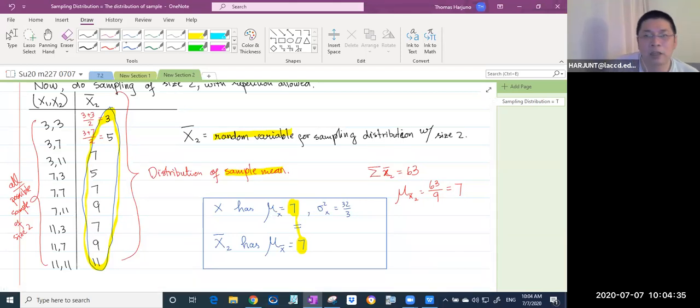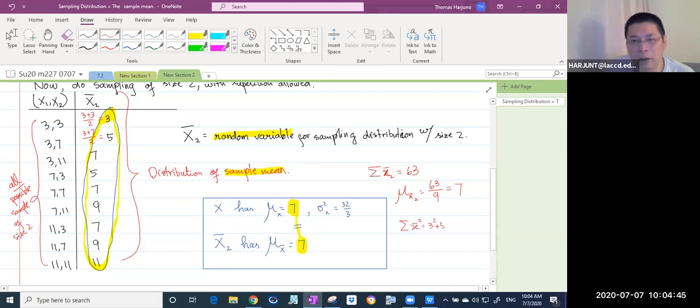The variance is where it gets nasty. The sum of sample mean squared: basically I do 3 squared plus 5 squared plus 7 squared plus 5 squared plus 7 squared plus 9 squared plus 7 squared plus 9 squared plus 11 squared, or you can just use your calculator when you plug in those 9 numbers into the data.